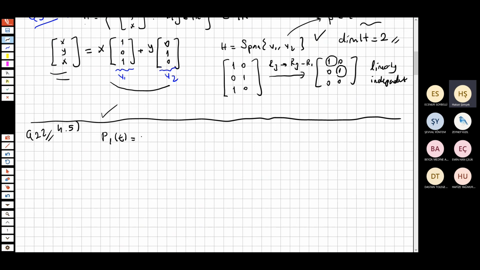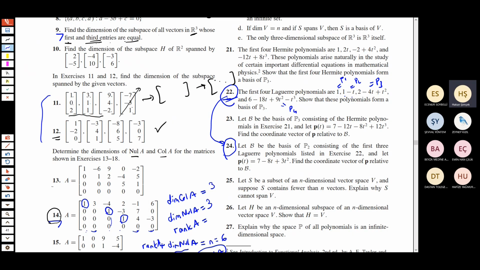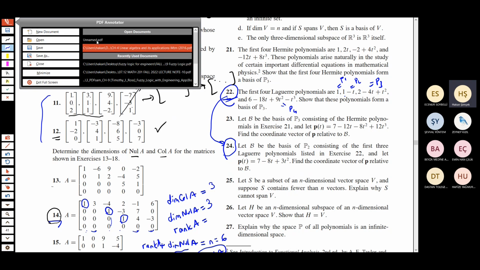P1(t) is equal to 1. P2(t) is equal to 1 minus t. P3(t), what was P3(t)? 2 minus 4t plus t squared.